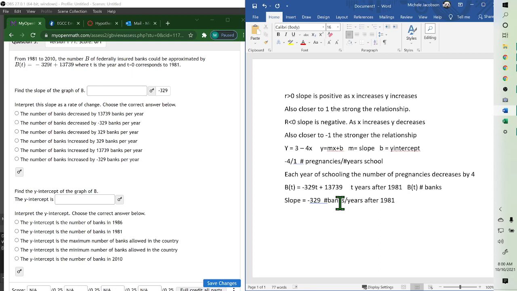To explain it then, each year after 1981, the number of banks, again, decreases because it's negative by about 329.